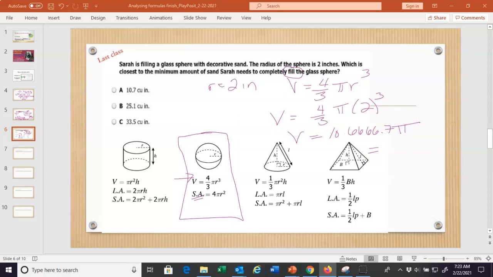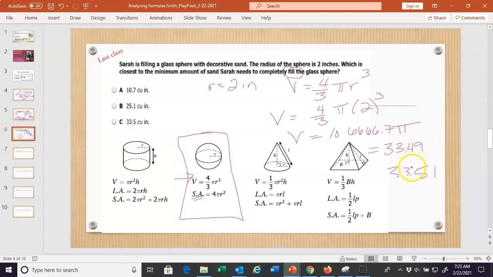And I'm going to use 3.14 at first, and that gave me 33.49. And then I'm curious, if I did not use 3.14 and I used the pi button, and then someone also said you can actually just type pi, which is like a shortcut, you get 33.51. So see, they're very close, but they are different values.